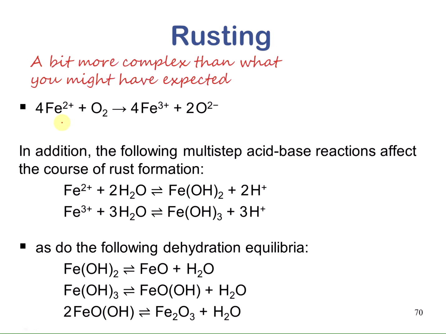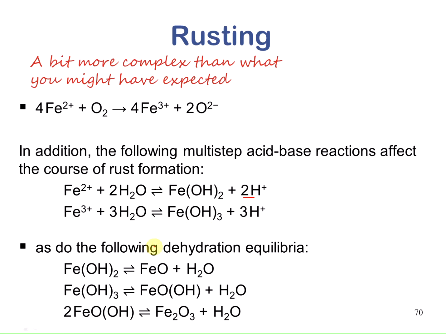Because here we're looking at the overall process where iron 2+ combines with the oxygen to make iron 3+. And in addition to this reaction taking place, you've got multi-step acid-base reactions, other equilibriums that affect the course of rust formation. So here we have the iron 2+ reacting with the water to make the iron hydroxide, then you get the protons. And then the iron 3+ can also do a similar type of reaction.